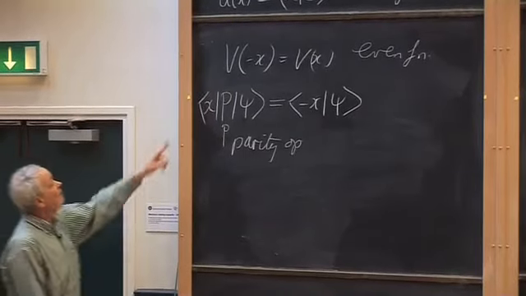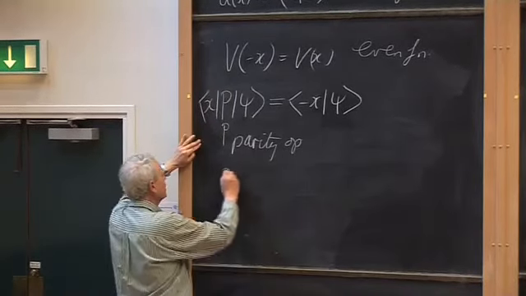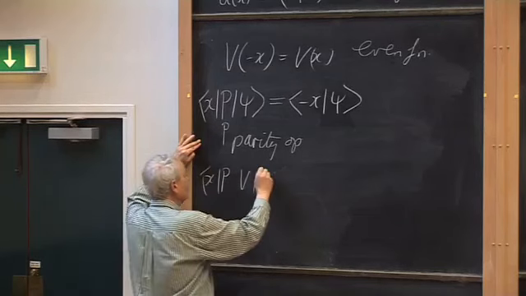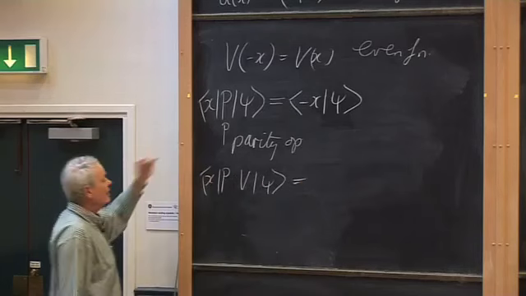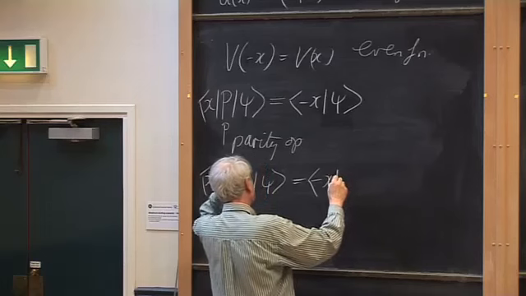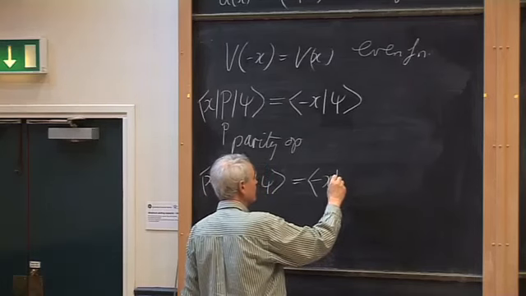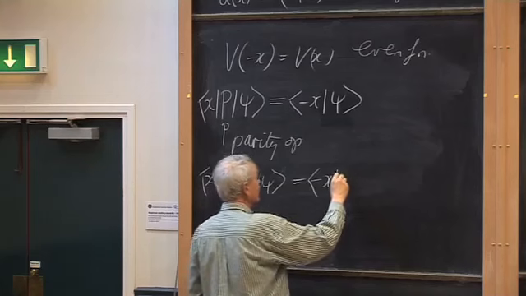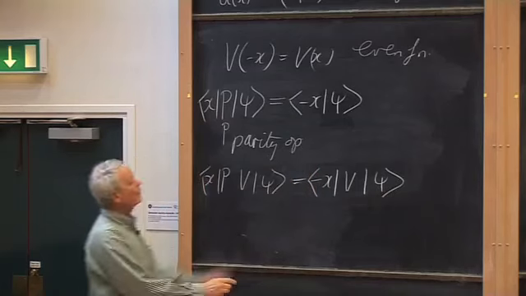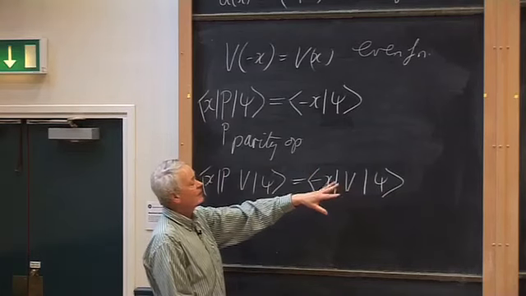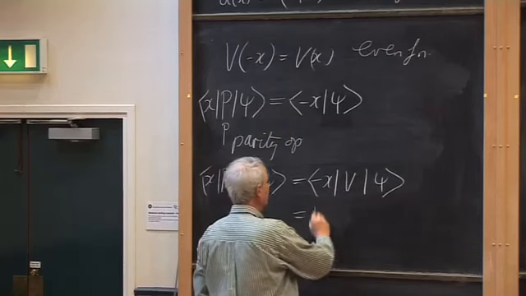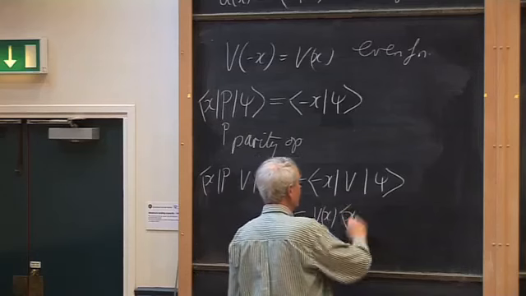And because V is an even function of x, we have that P V psi is going to be, since V is a function of position, a function of the position operator, V of x at psi.